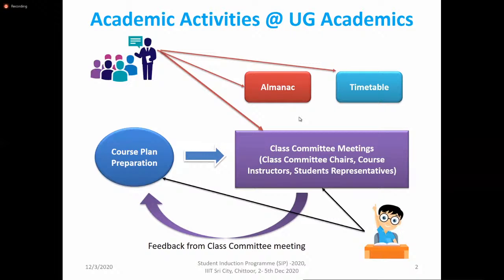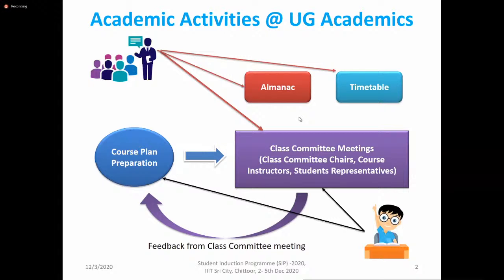Now I'm going to explain the big rectangle box in the center, where you can see the class committee meetings. When a semester begins, the course plan is submitted to the class committee meeting. Who are all part of the class committee meetings? I mentioned a few important people.